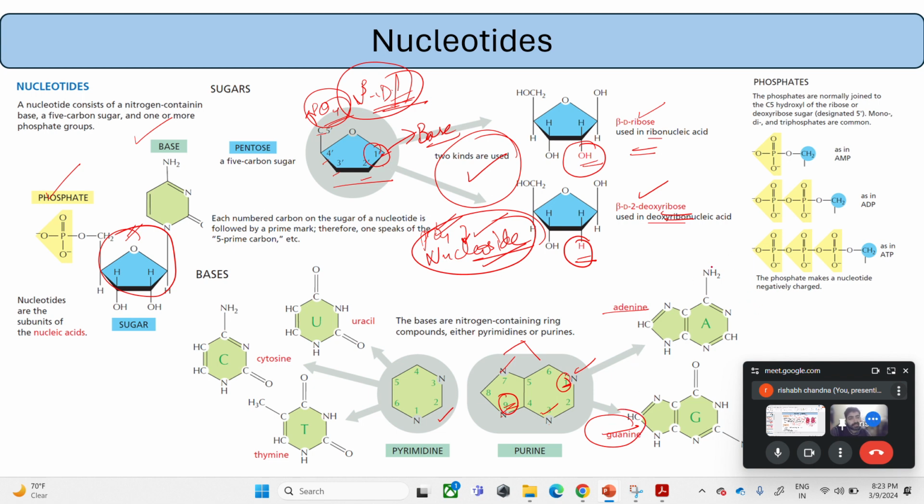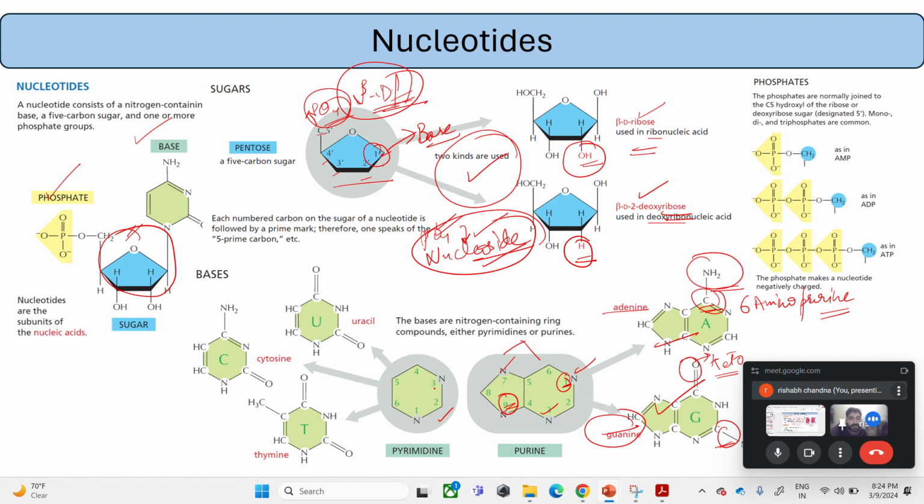In adenine there is an amino group on the sixth carbon, so it is sometimes called 6-aminopurine. Guanine has an amino group at the second position and an oxo group, or keto group, at the sixth position. These are the basic structural differences between adenine and guanine.